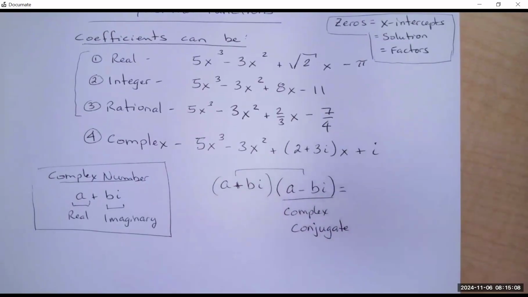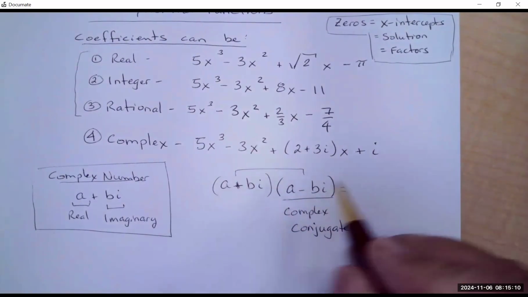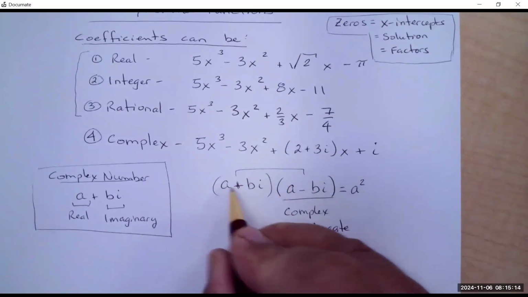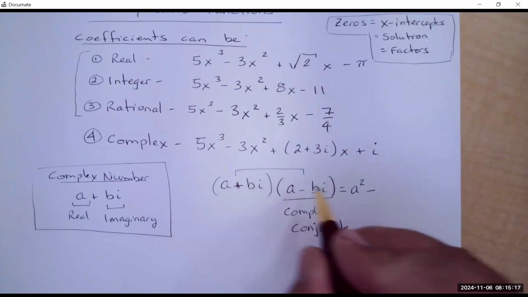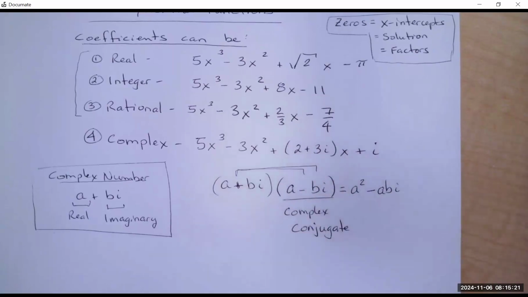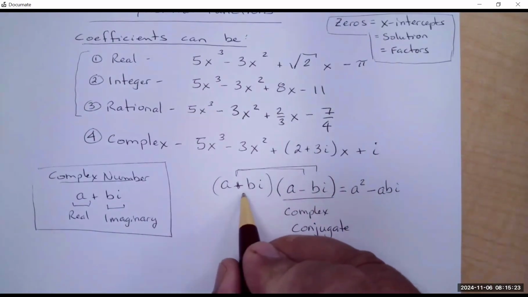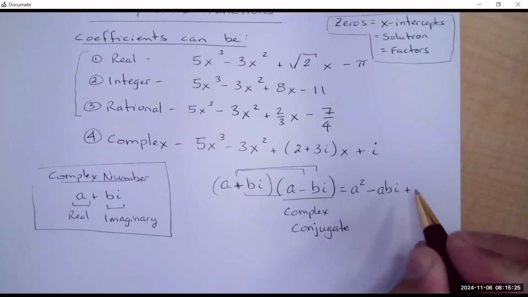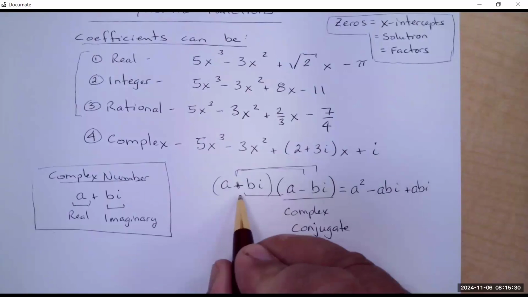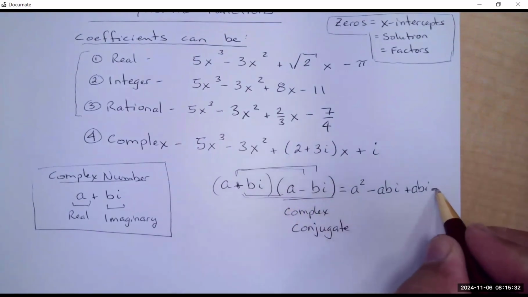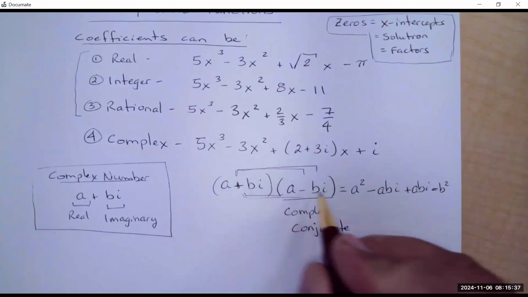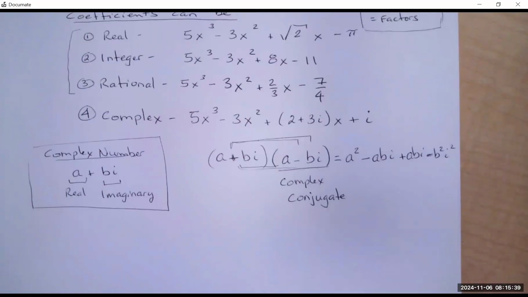So if we multiply these two together, what do we get? A times a is a squared. A positive times negative is negative. A times bi, that's that one. Then we have positive times positive, a times bi. Positive times negative is negative. B times b is b squared. i times i is i squared.